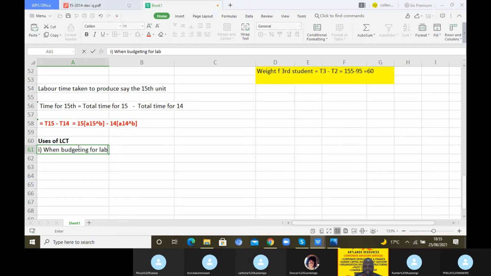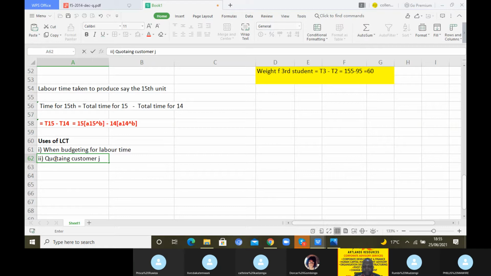So what it means is expect to find questions on learning curve when you are doing budgeting. Number two, we use learning curve theory when quoting customer jobs.